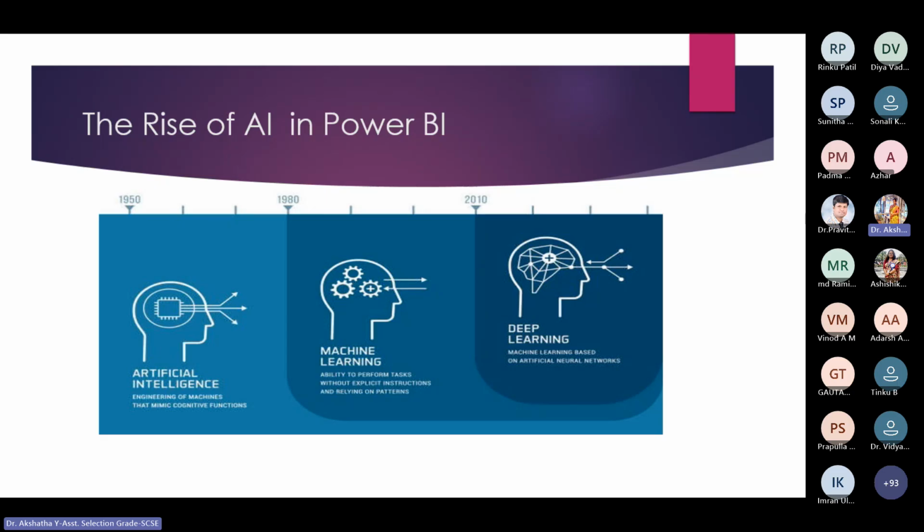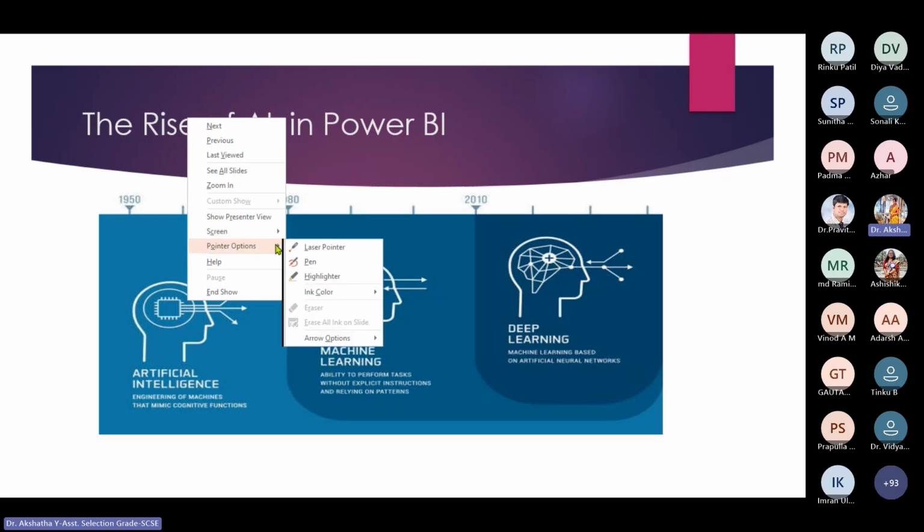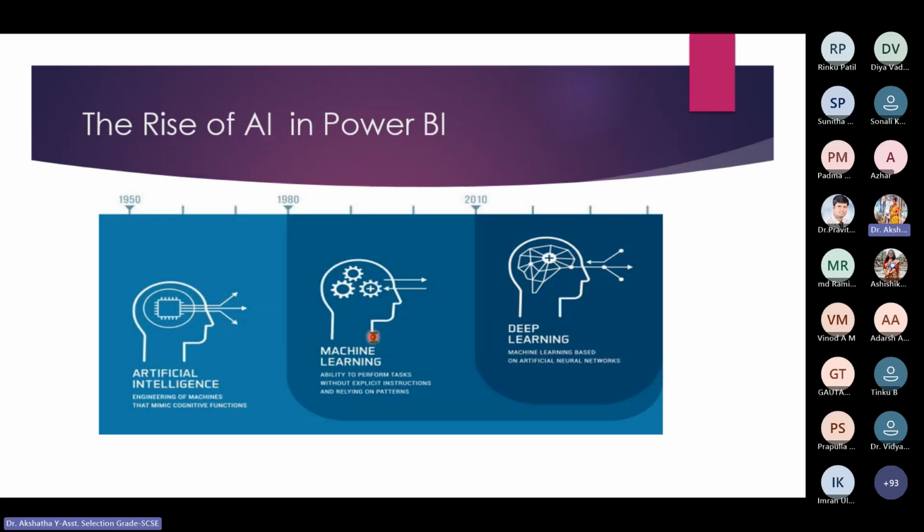So coming back to ML, or machine learning, as we call it. For artificial intelligence, machine learning and deep learning are the subsets. Machine learning is a subset of AI that mainly focuses on building systems that can learn from data and improve their performance without being explicitly programmed.